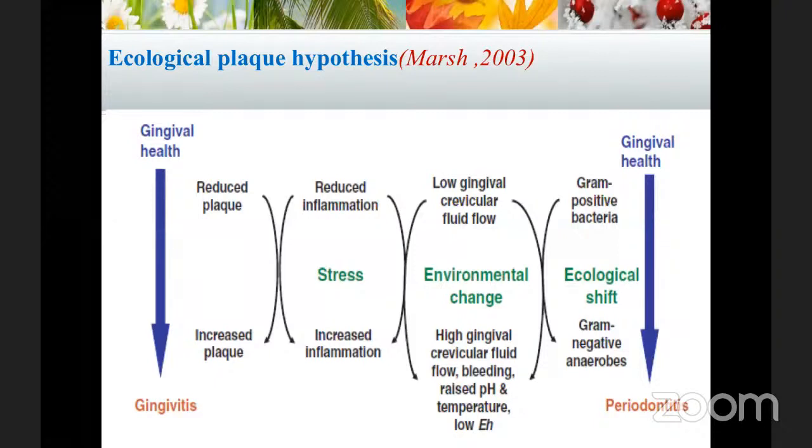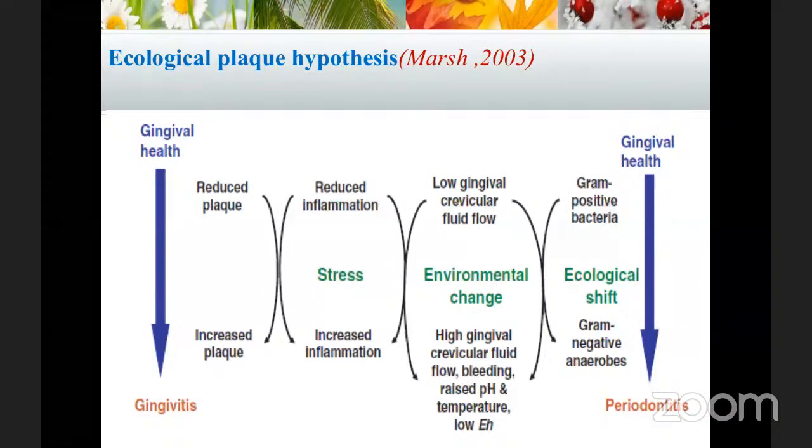Stress, environmental changes, ecologic shift. Stress is the thing. The disease is a game of cytokines, so how do we reduce inflammation? Today's article in the Times newspaper noted the importance of sleep, seven hours of sleep, and the reduction of stress.